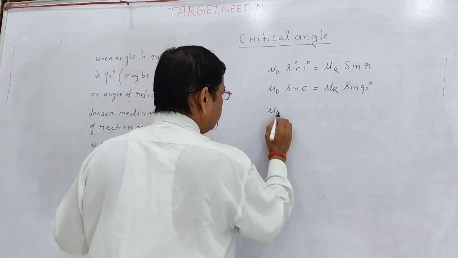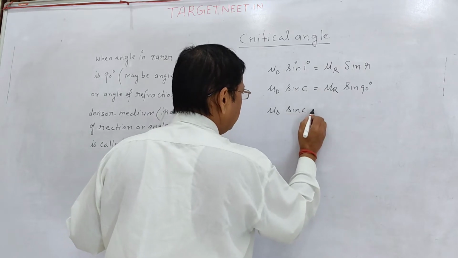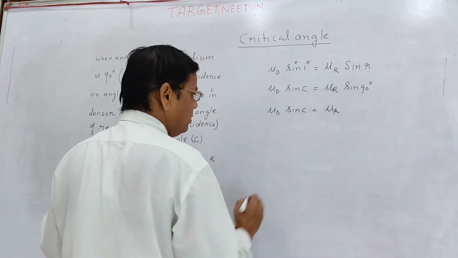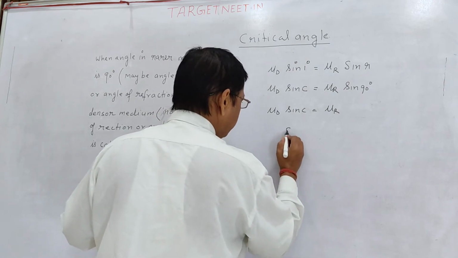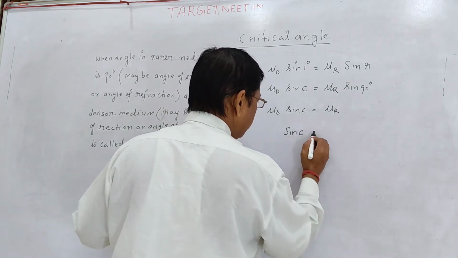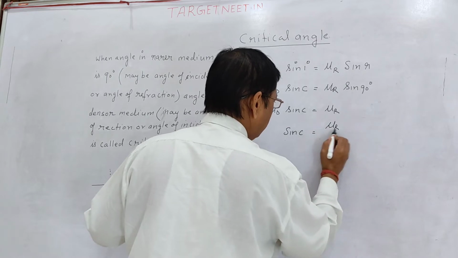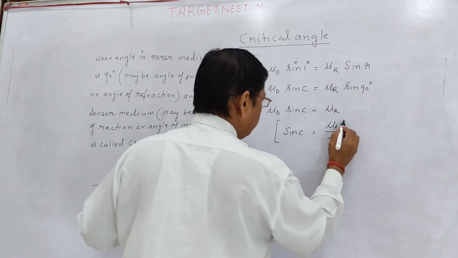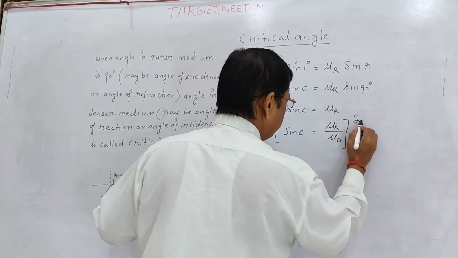So mu_d sine C is equal to mu_r, because sine 90 is 1. So from here we can say sine C is mu_r over mu_d. So this is an important relation you should remember.